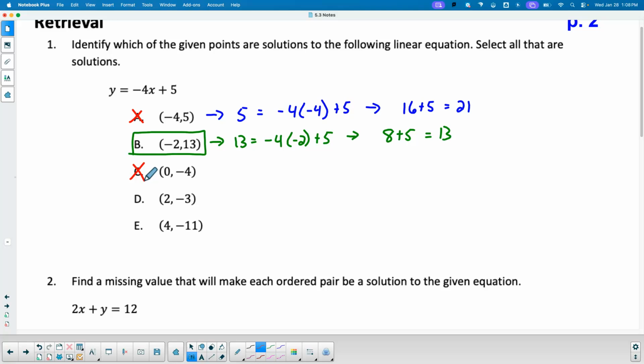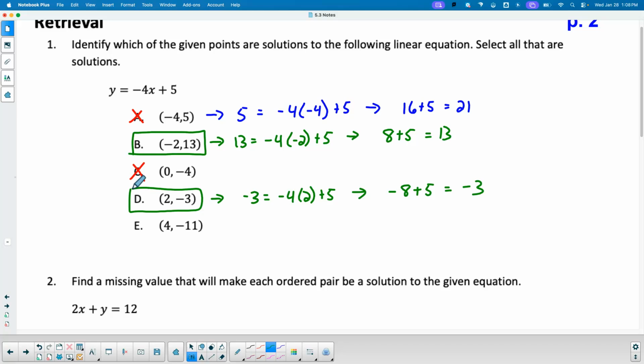D. Does D work? Yeah. I think D works. -3 equals -4 times 2 plus 5. That's going to be -8 plus 5, which is going to be -3. -3 equals -3. Yep. E. Does E work?